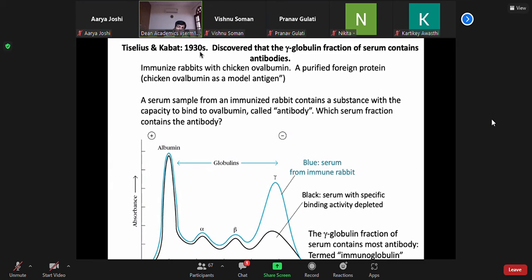Essentially, the initial studies were done by these two scientists, Tiselius and Kabat, Alvin Kabat and Tiselius. Even today, the sequence of amino acids in both the light chain and heavy chain of your antibody molecule is called Kabat numbering.